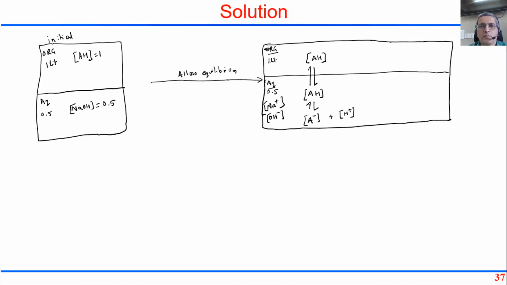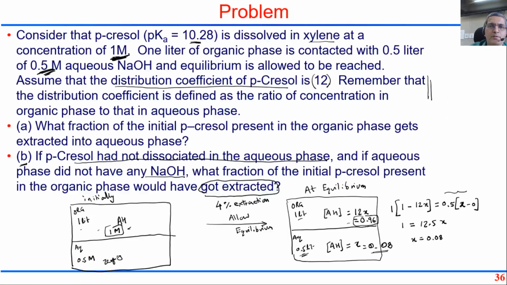Okay, so now let's write. Suppose this is x. This would be 12x. Just the physical distribution coefficient is 12.